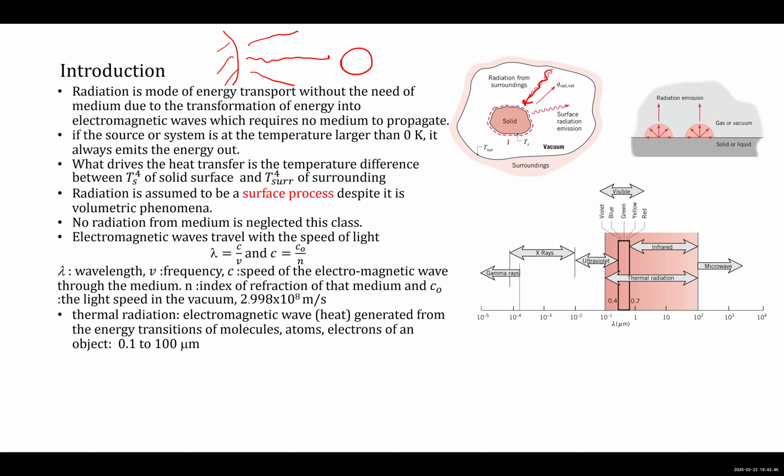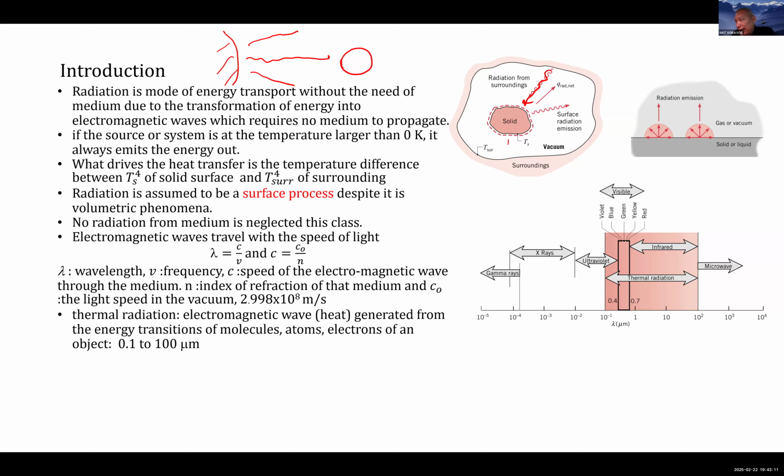Some of the objects are not at 0 degree Kelvin. It emits energy by itself. That radiation comes to your eye without reflection. But the type of energy traveling to your eye is not in the visible range. That's why you cannot see it.